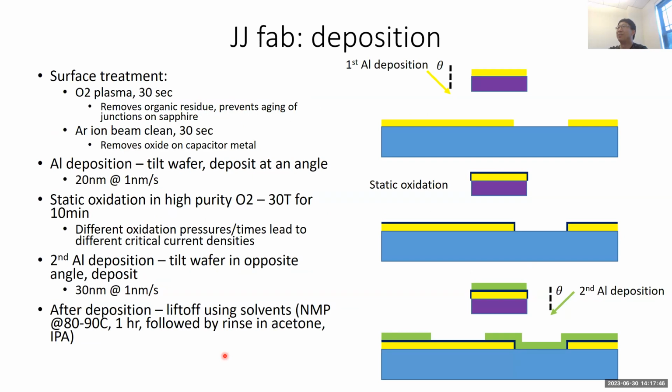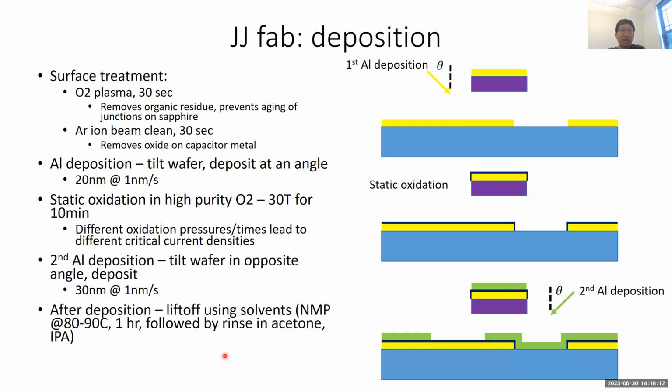It's the model of your tool. It's by Raith, EBPG 5200. I believe it's electron beam pattern generator. Yeah, it's an electron beam lithography tool, and you can use any tool. It doesn't have to be the EBPG.